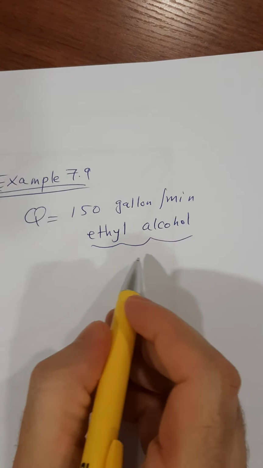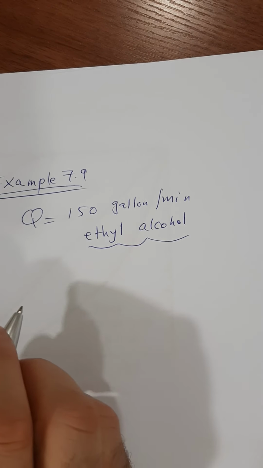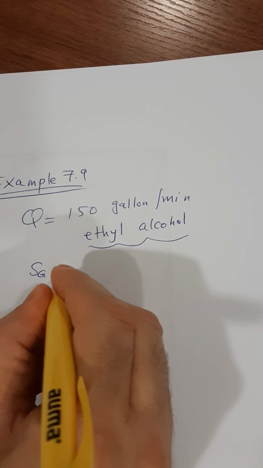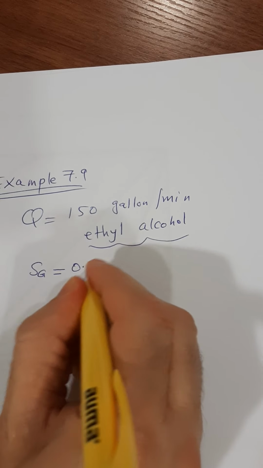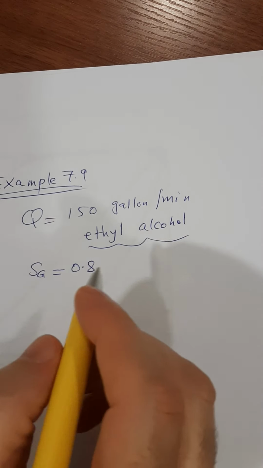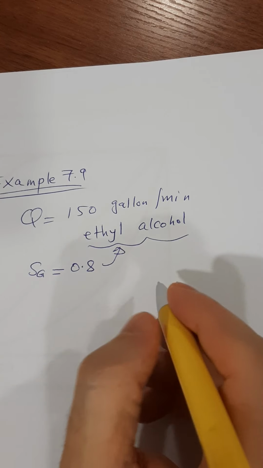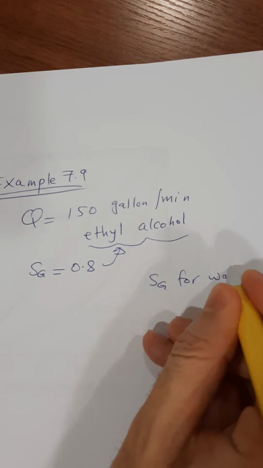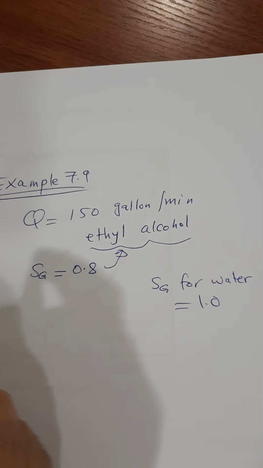The liquid here, ethyl alcohol, has a specific gravity of 0.8. You know, the specific gravity of water is 1, and this is for ethyl alcohol. SG for water is equal to 1.